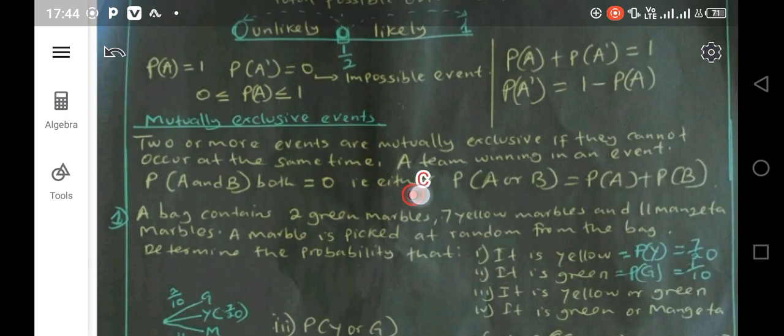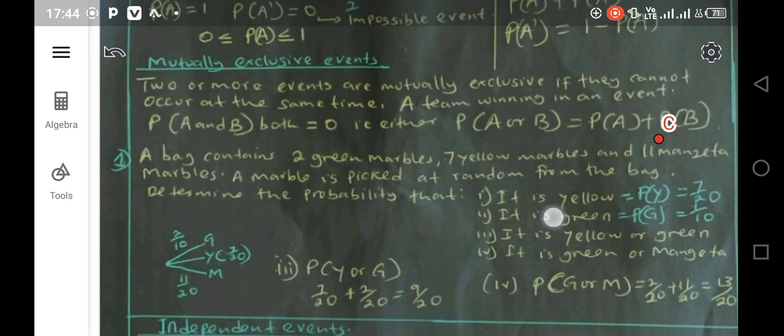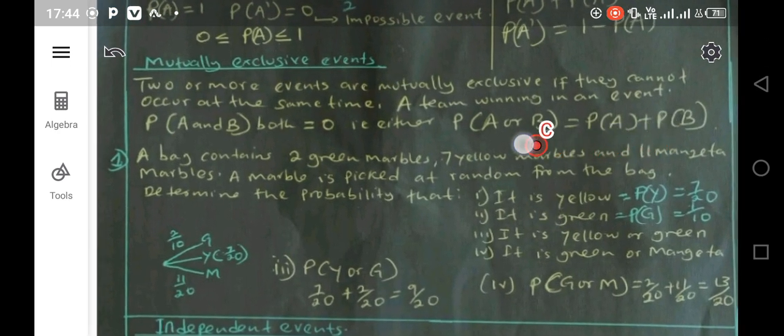Now, that means that it's either A happens or B. For example, we are going to say that the probability of A plus the probability of B. That is according to the law of probability in addition. So we may have the probability of A plus the probability of B. That's why we have this OR in that mutually exclusive event.